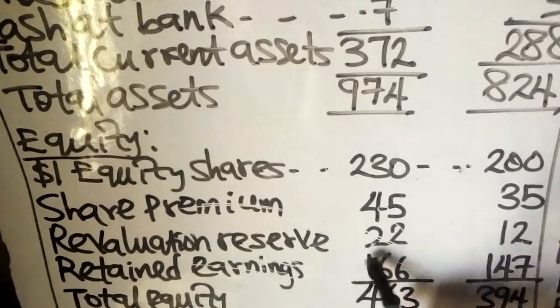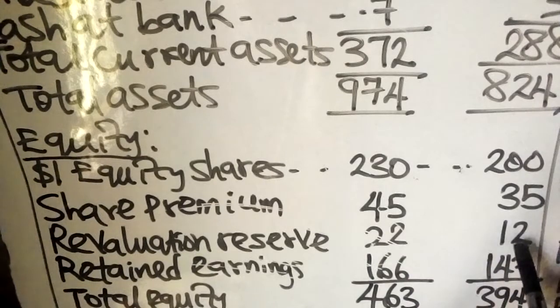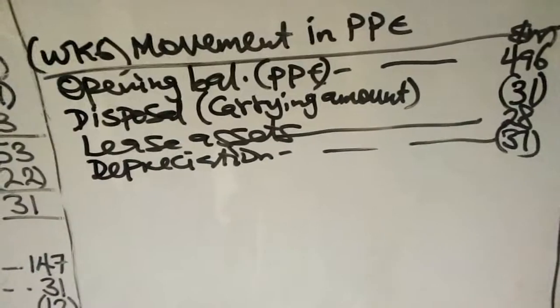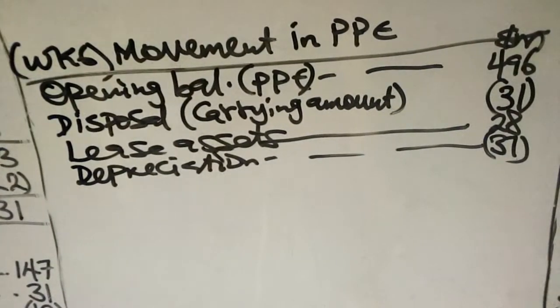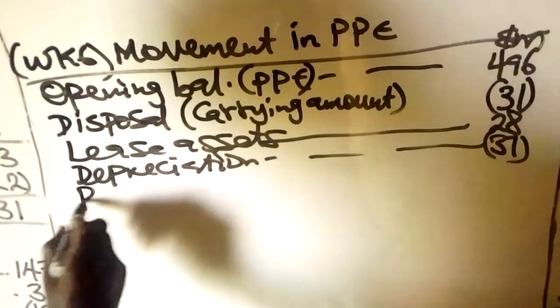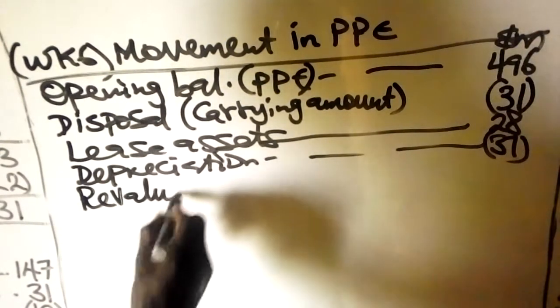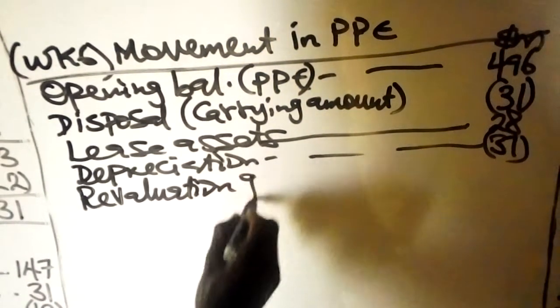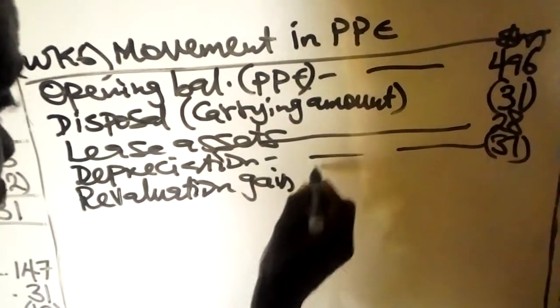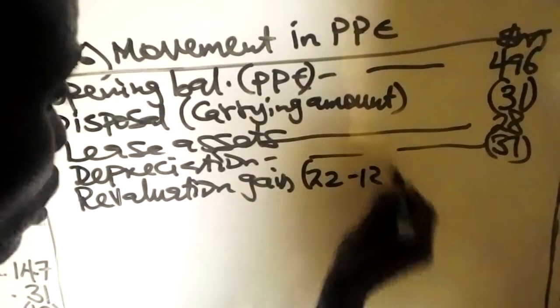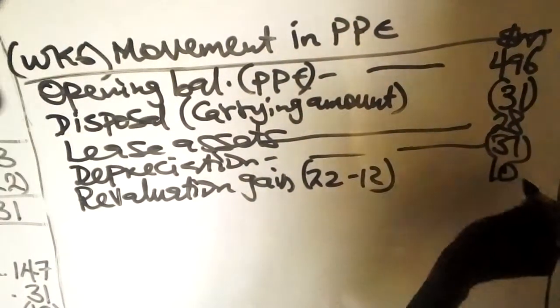I've told you that where there is revaluation gain, PPE increases. So that means a gain of 10 million.